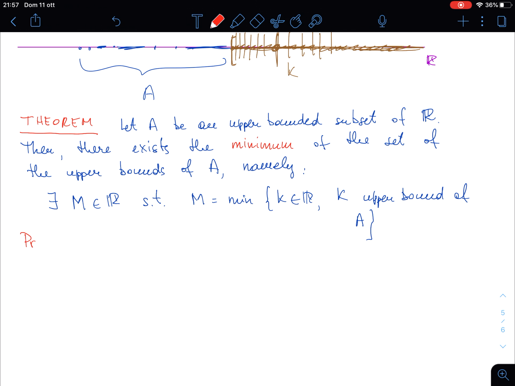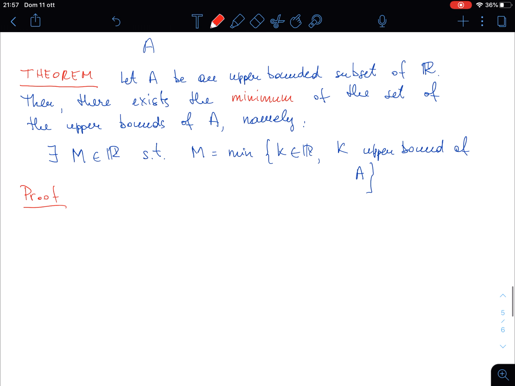I give you the proof of this theorem, which is very interesting. I like to give you this proof in a complete way.